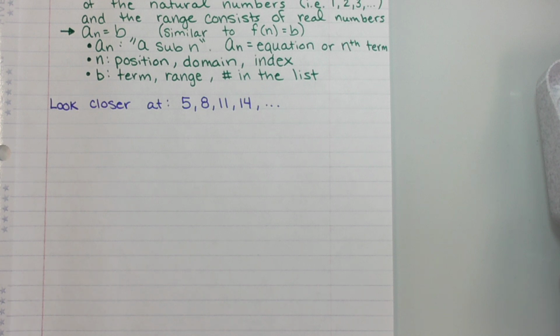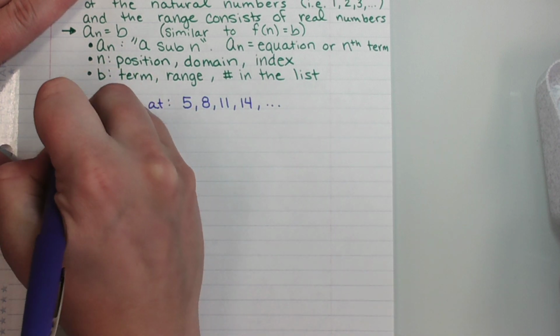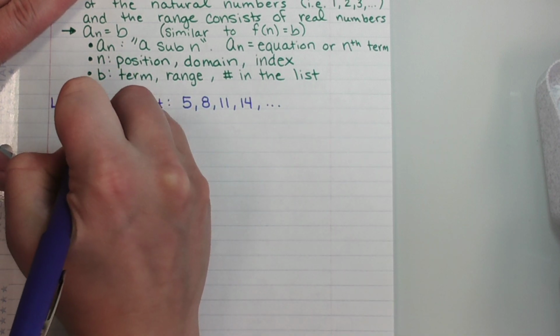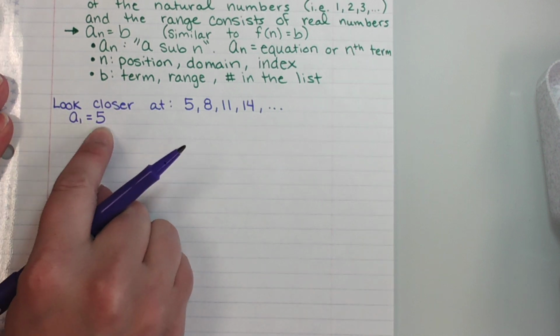So first off, notationally speaking, when it comes to working with our sequence, one of the things you're going to have to get used to seeing is a sub a number equals another number. For example, on this list, my first number is 5. That means a sub 1 is equal to 5. The first number in the list equals 5.